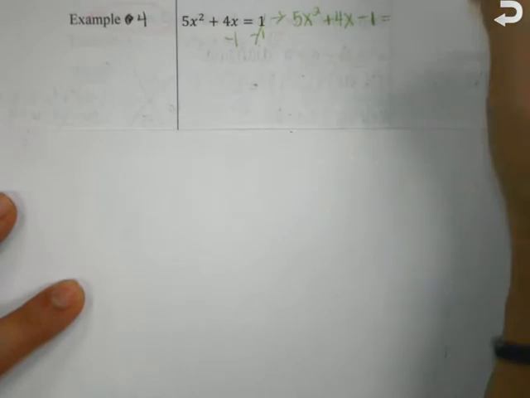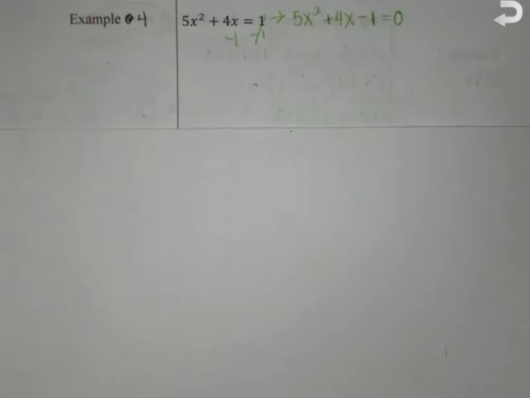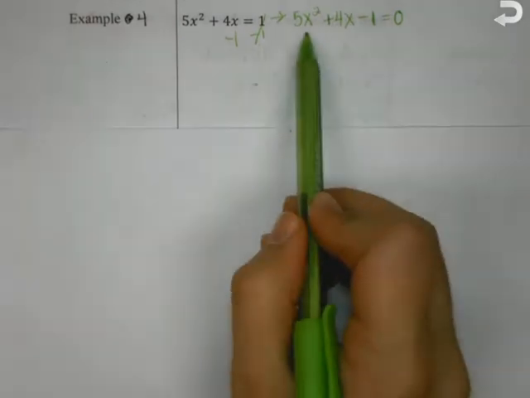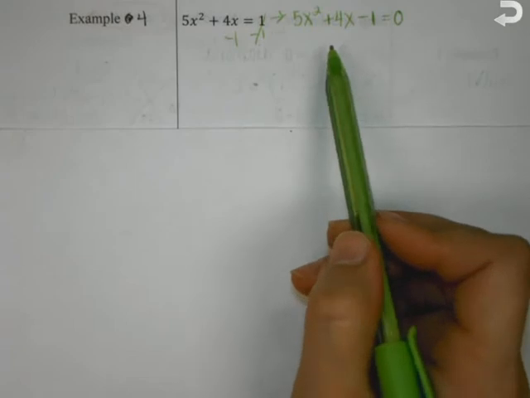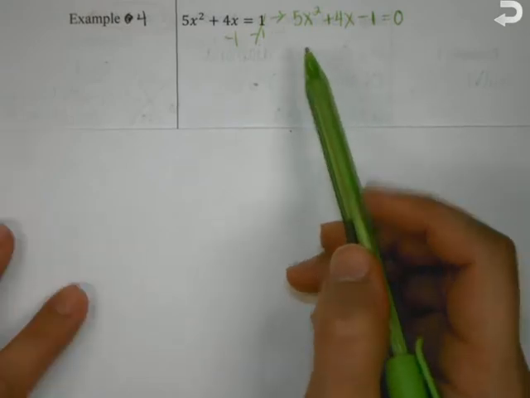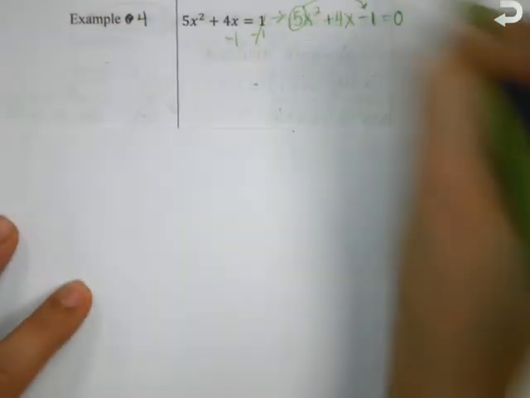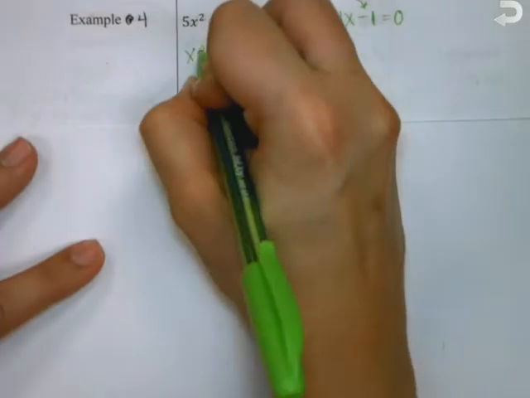What method would I use to factor this one? Bottoms up. Is that what you're going to say? Bottoms up, right? Okay, how do I do bottoms up? Multiply the 5, so that's going to give me x squared plus 4x minus 5 equals 0.